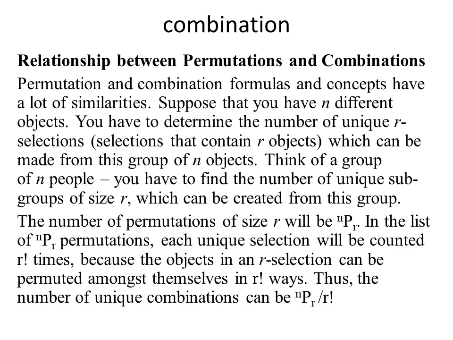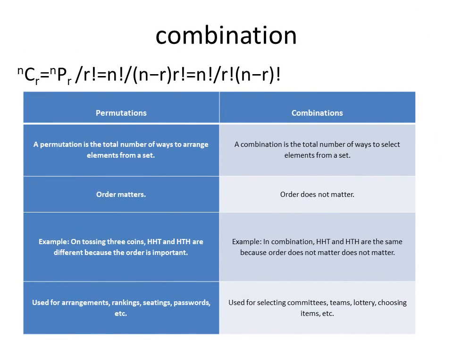Thus, the number of unique combinations will be nPr by r factorial. Therefore, nCr is equal to nPr by r factorial, that is equal to n factorial by n minus r factorial into r factorial, that is n factorial over r factorial into n minus r factorial. This is the formula for nCr.